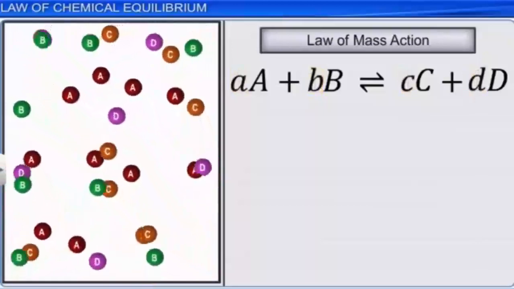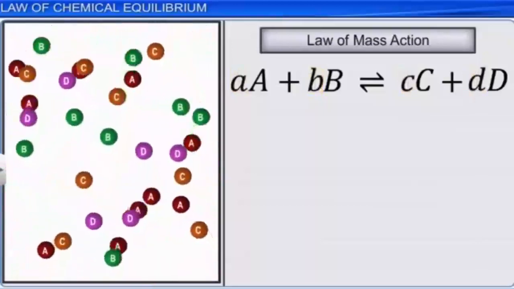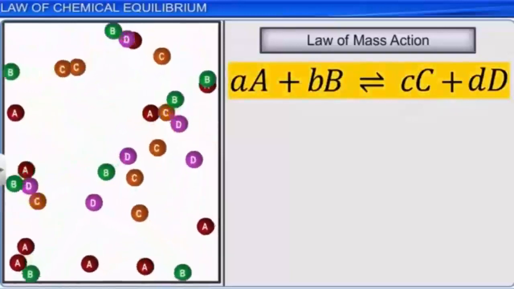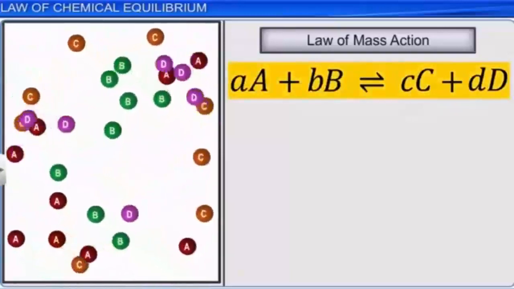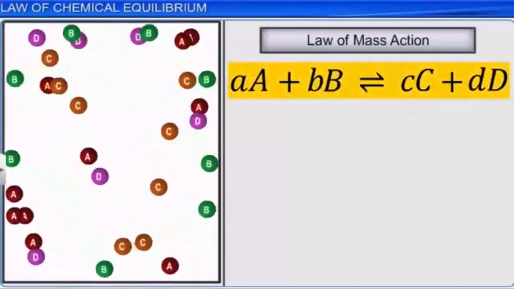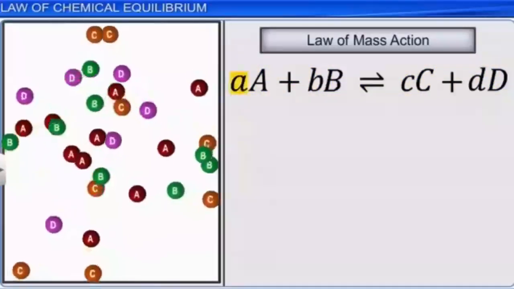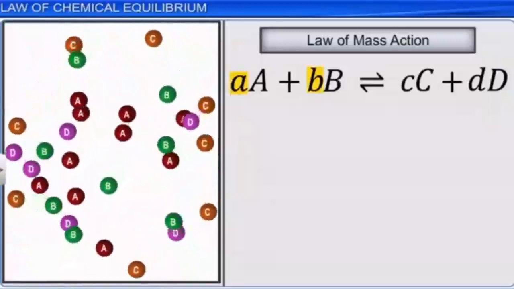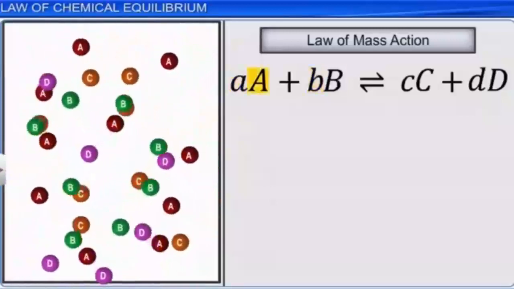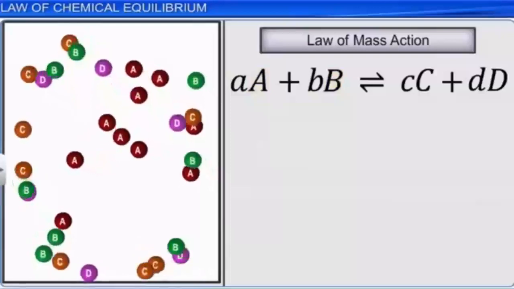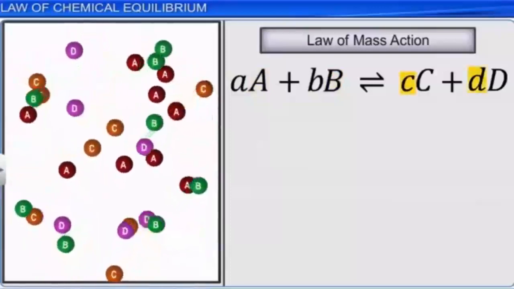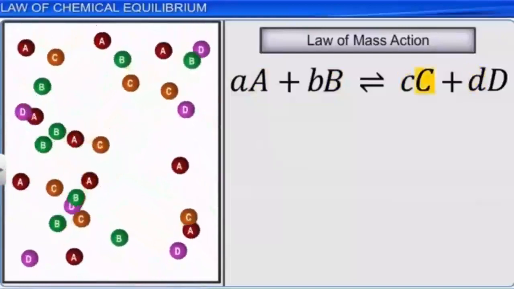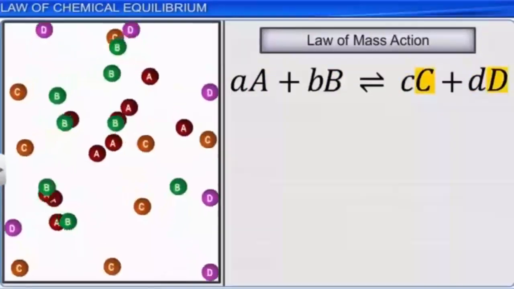Now, let's consider a more general reaction of the type aA plus bB in equilibrium with cC plus dD, where a and b represent the stoichiometric coefficients of the reactants A and B, and c and d represent the stoichiometric coefficients of the products C and D, respectively.